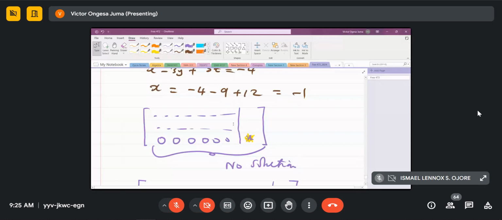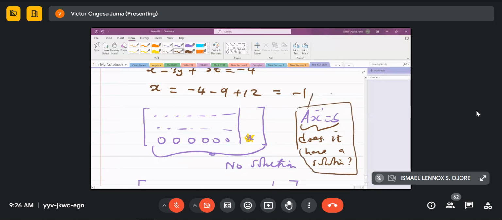If somebody gives you a system, for example, AX is equal to B, and then they ask, does it have a solution? Then you check by first of all finding the determinant of A. If determinant of A is non-zero, then your system has a unique solution.